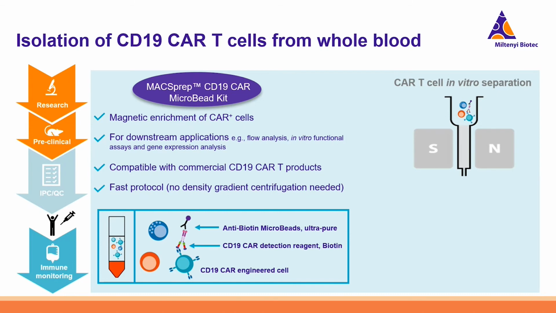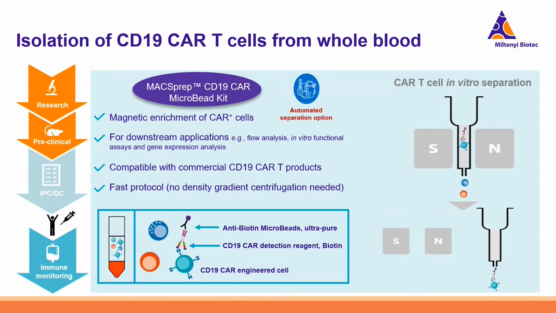And by running the cell suspension through the column, the CD19 CAR cells are retained, while other cells can be washed away easily. Then the CD19 CAR cell fraction is eluted by removing the magnet. There's also an option to automate the separation process with our AutoMark cell separator.